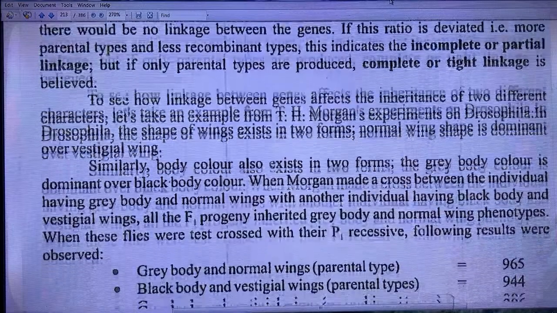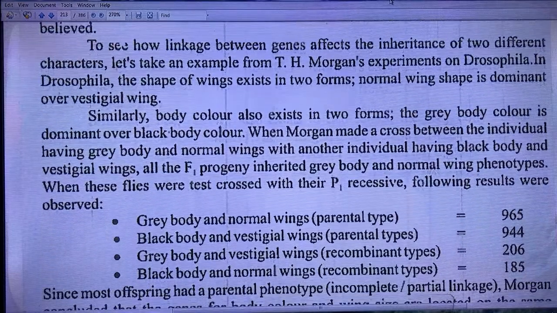To see how linkage between genes affects the inheritance of two different characters, let's take an example from T.H. Morgan's experiment on Drosophila. In Drosophila, the shape of wing exists in two forms: normal wing shape, which is dominant, and vestigial wing. Similarly, body color also exists in two forms. The gray body color is dominant over black body color.